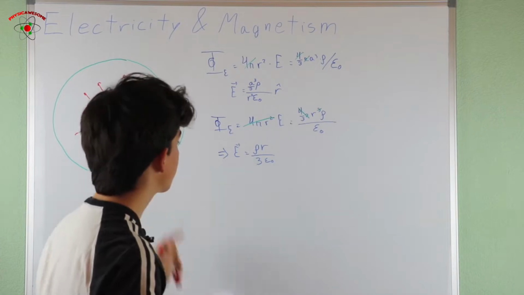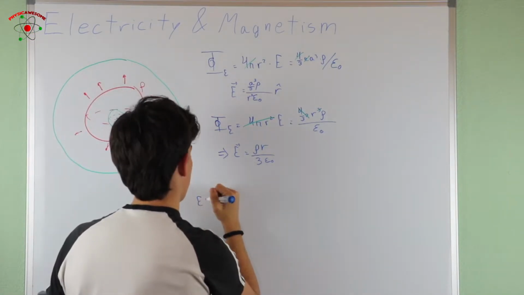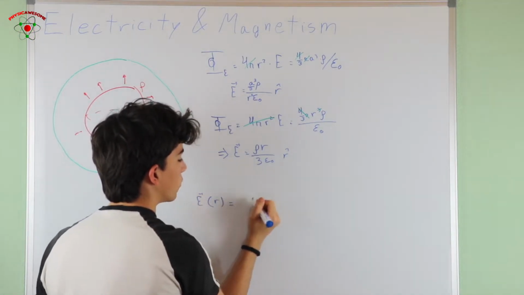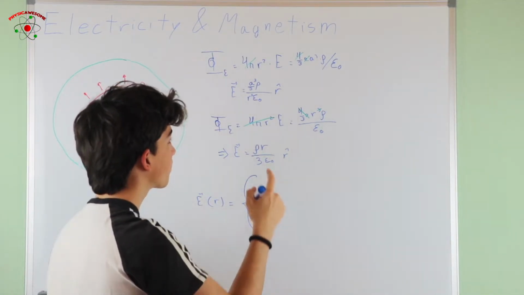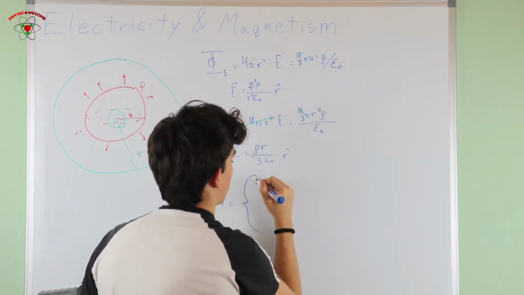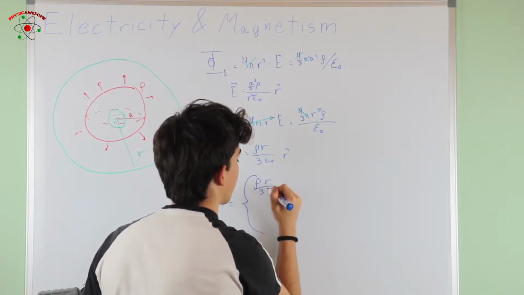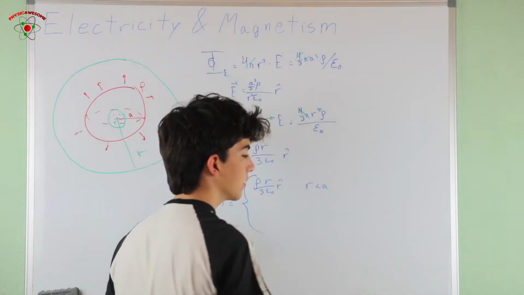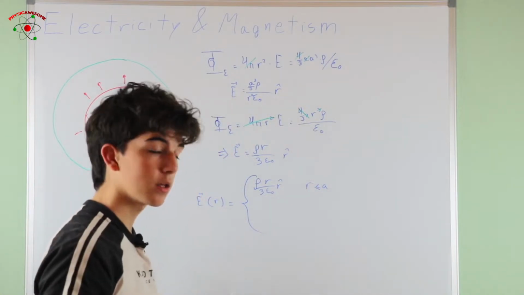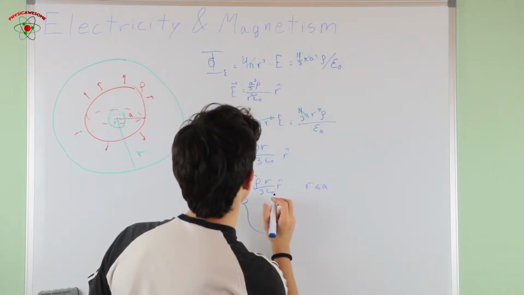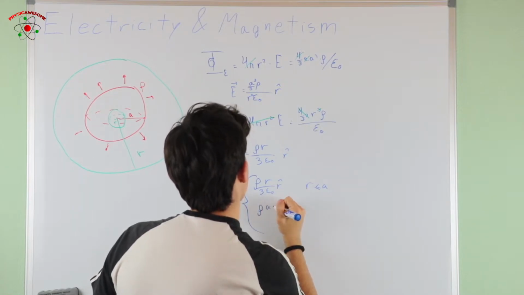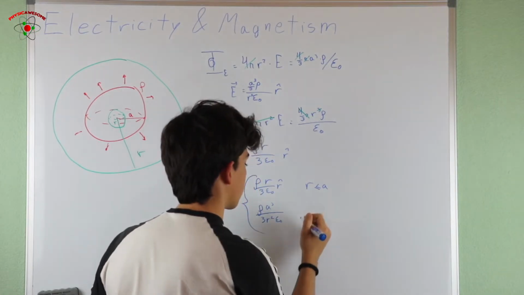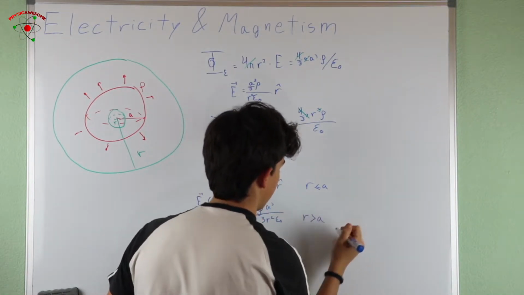Now if we express this formula for all of r, we see that we have rho r over 3 epsilon naught in the r hat direction for r less than or equal to a, and we have rho a cubed over 3 r squared epsilon naught for r bigger than a.